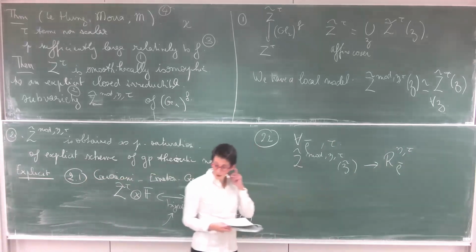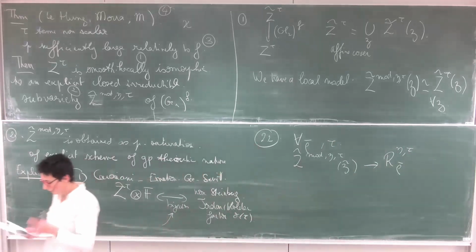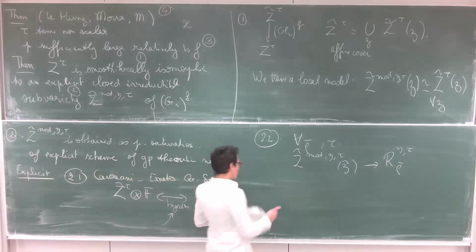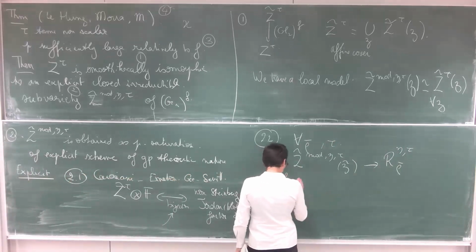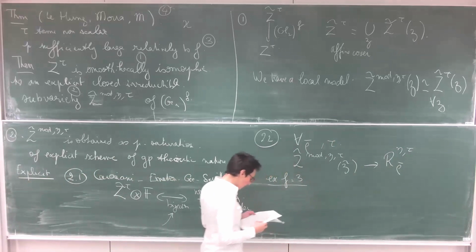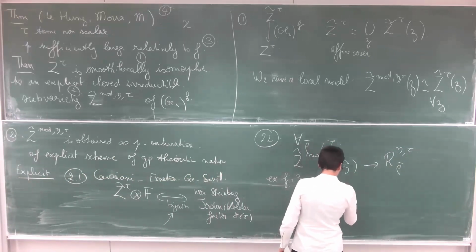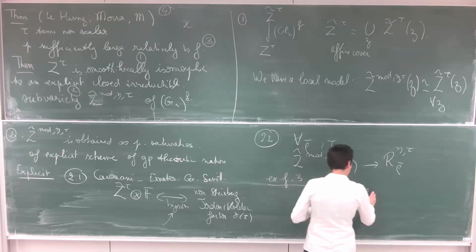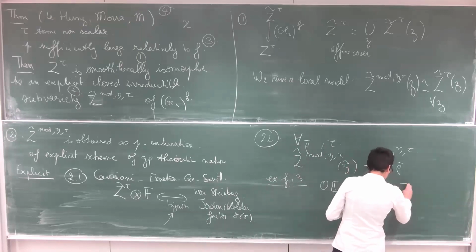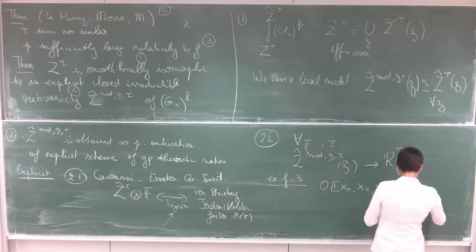We see a large range of behavior. So, for example, for f equals 3, I will give you some example. What can happen? It will be something like that.